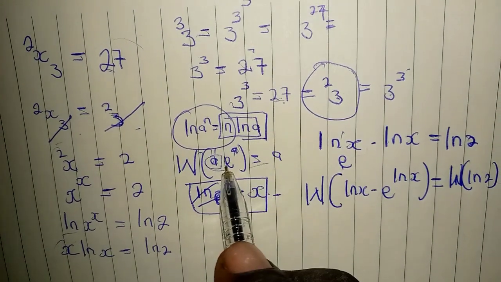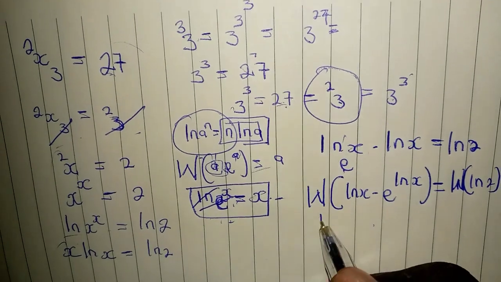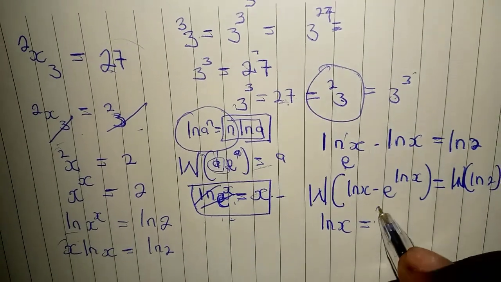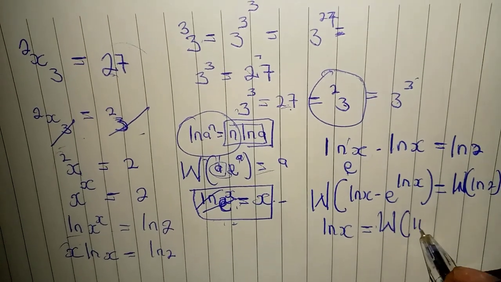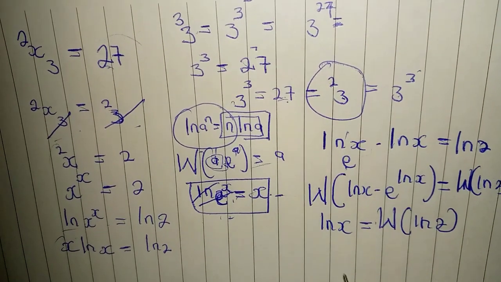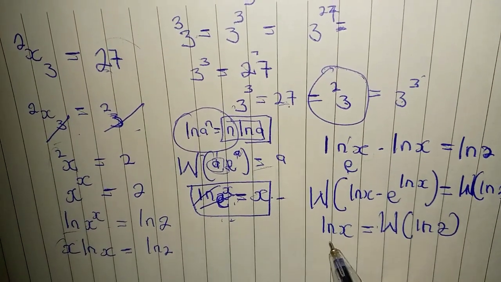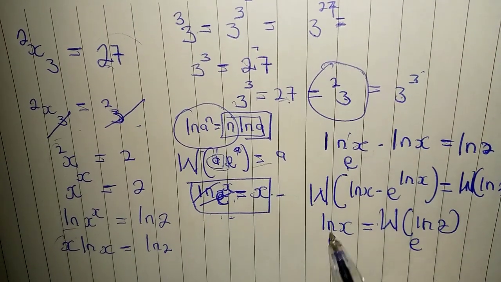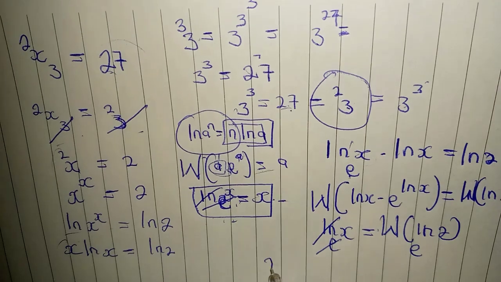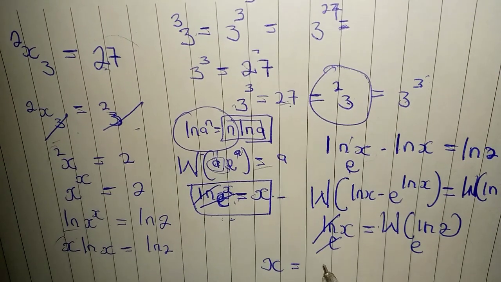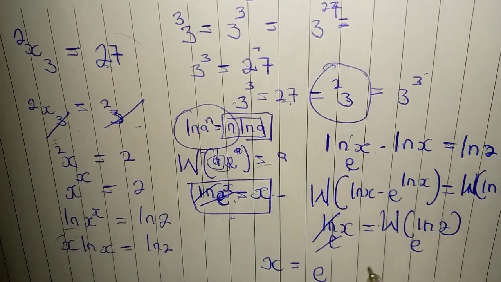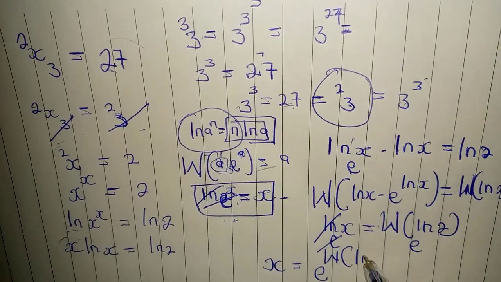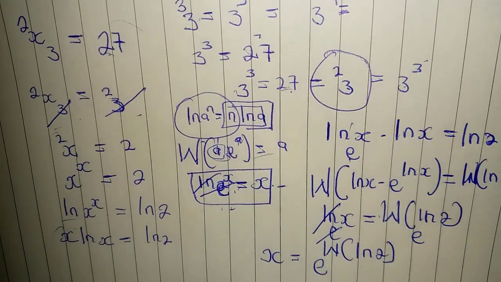So using this property, we know that this is equal to the natural logarithm of x, and we have W Lambert function of the natural logarithm of 2. So to eliminate the natural logarithm, we take e of both sides. So this cancels this. We have x is equal to e raised to the power of the W Lambert function of the natural logarithm of 2.